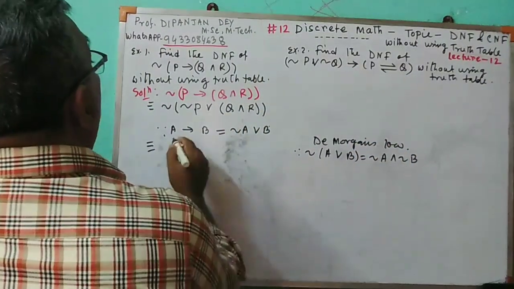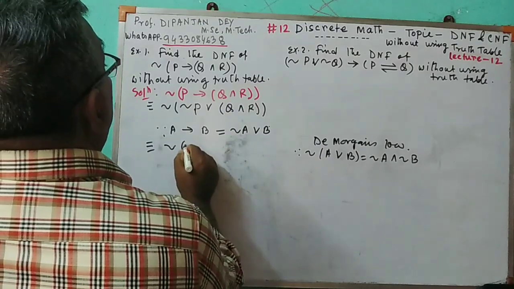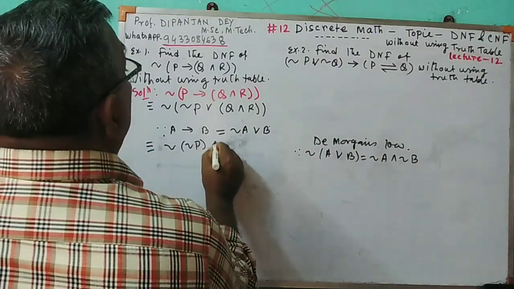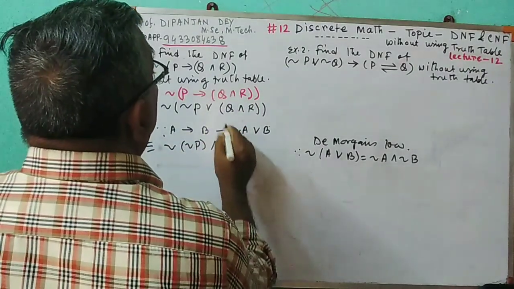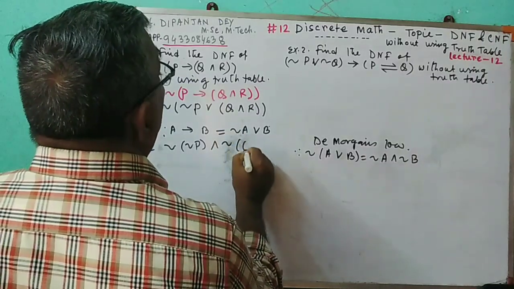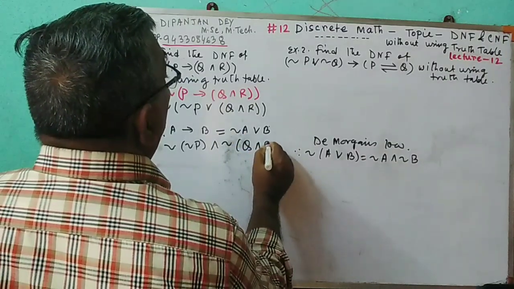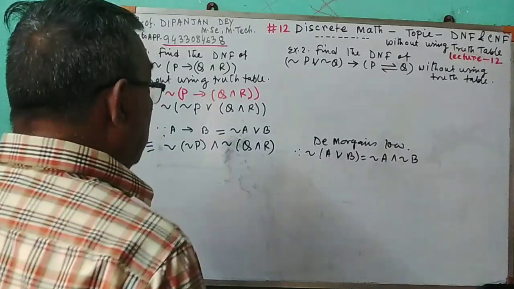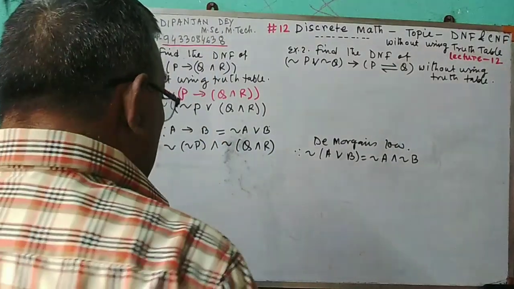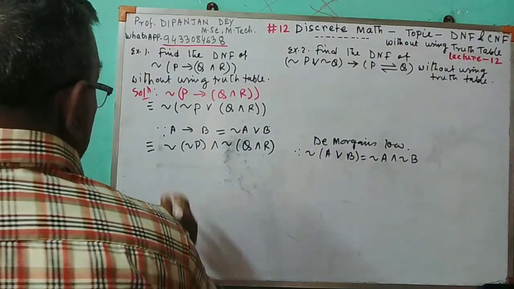So now that is negation of negation P conjunction negation of Q implies R. So this is De Morgan's law applying over here.